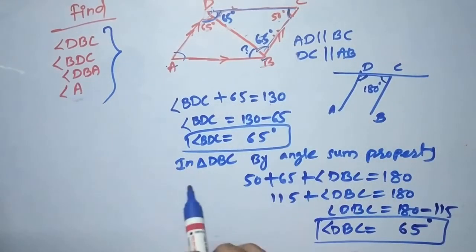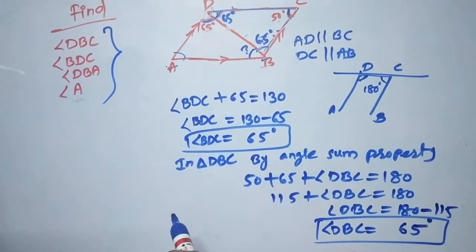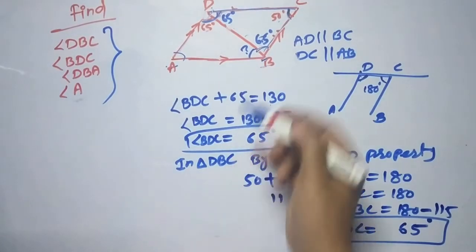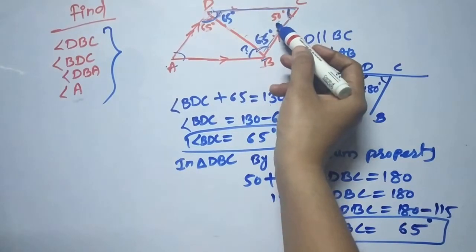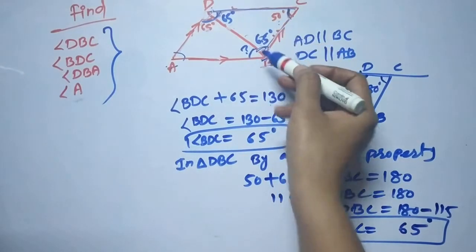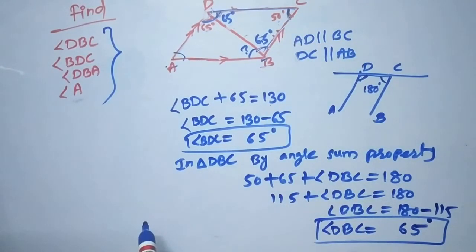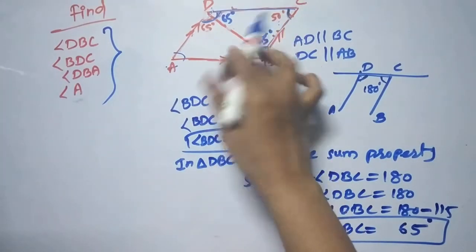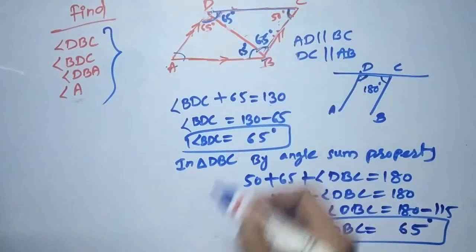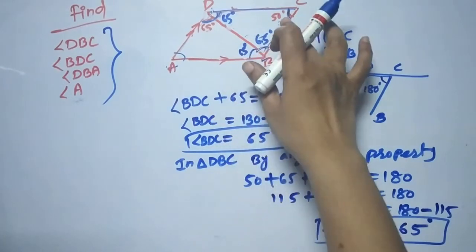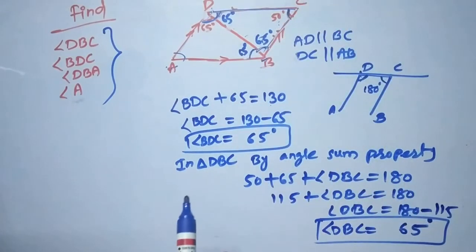So this co-interior angle sum is 180 degrees. So 180 minus this 50 will get 130. So 130 minus this 65 again will get 65 degrees. So this angle is also going to be 65 degrees.